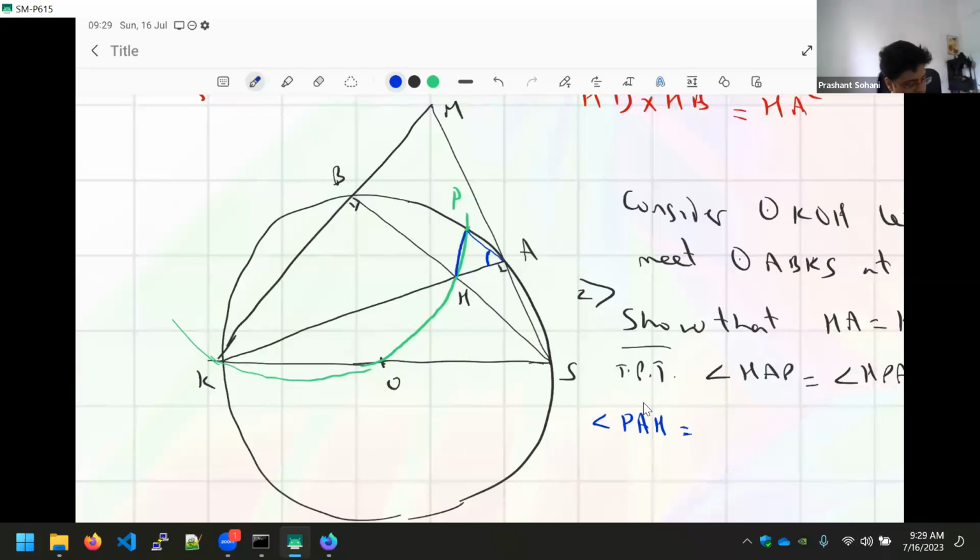So Rohan, can you give me a hint which angles you are talking about? The angle OPH and OPH equal to OAH, and OPA and OAP. I see. Okay.